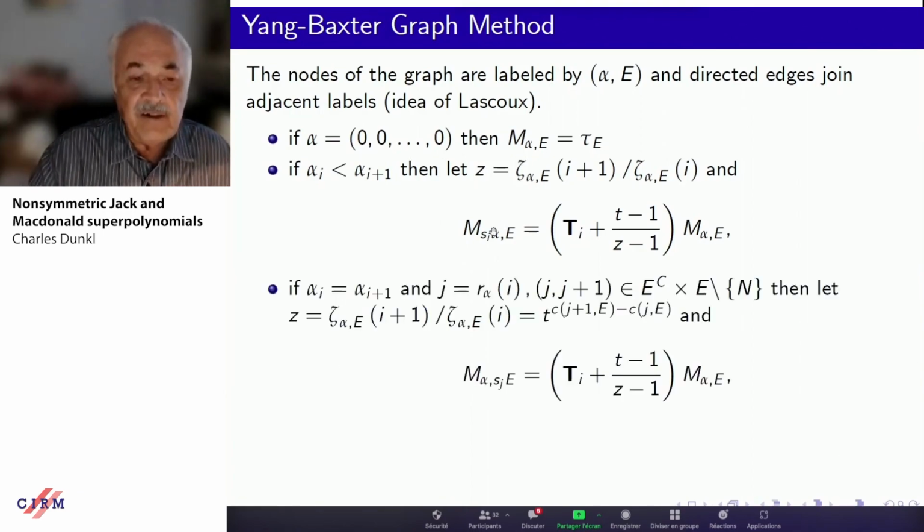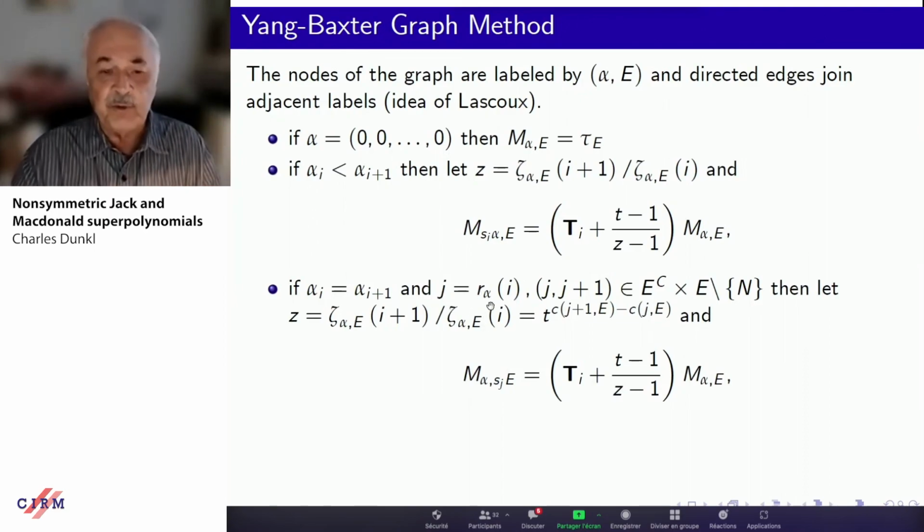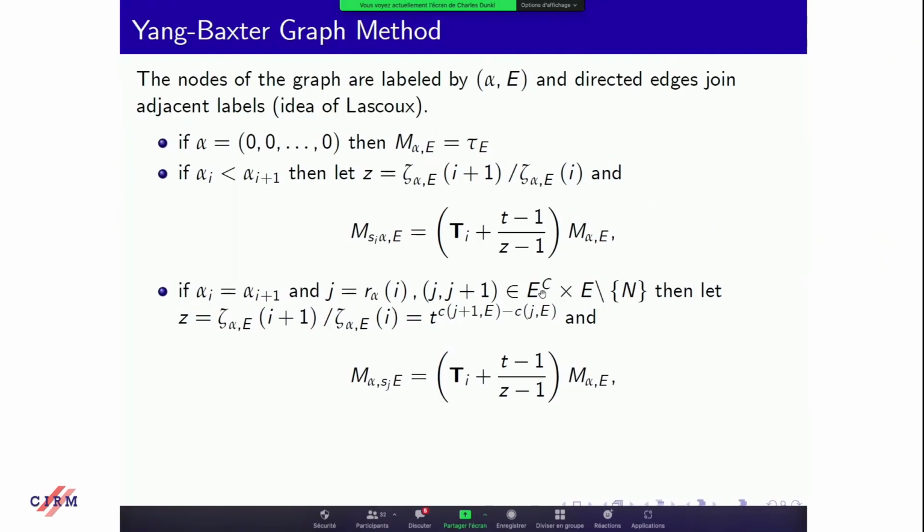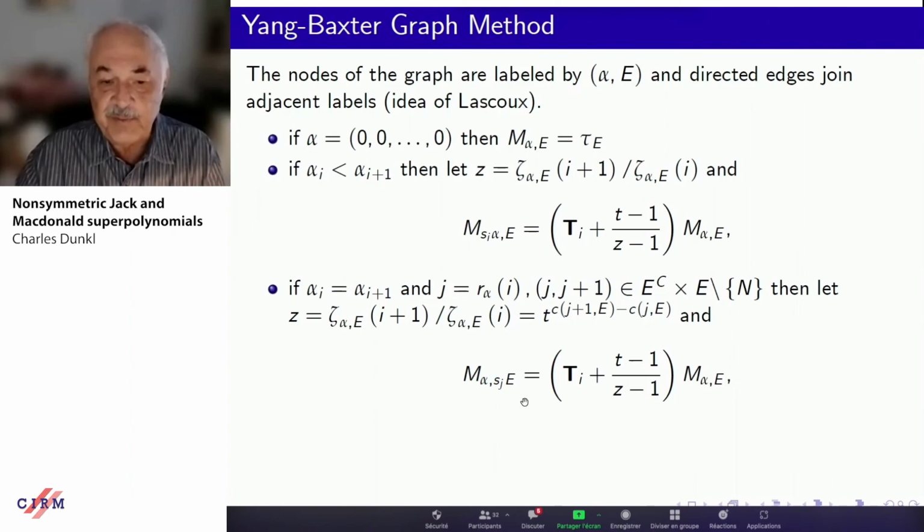If alpha i and alpha i plus 1 are equal, then you find the rank function of alpha at i, so you get some other number. If this pair, j, j plus 1, is partly in E and partly outside of E, then there's a transformation formula which moves you from E to E with j and j plus 1 interchanged.